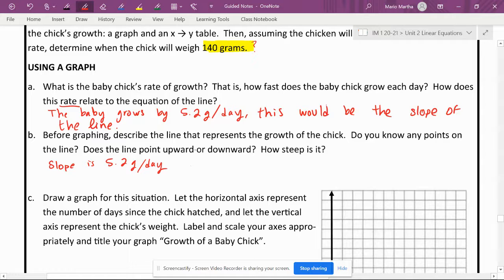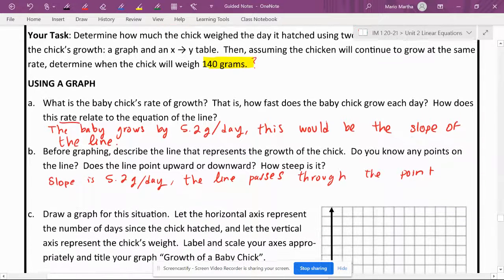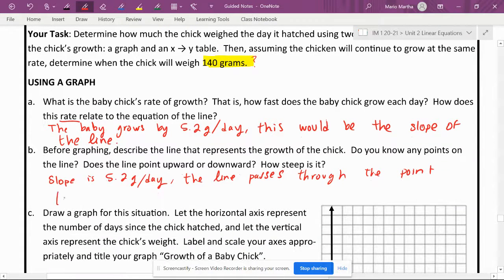And then we know that the line passes through the point, which is when they told us 9 comma 98.4.